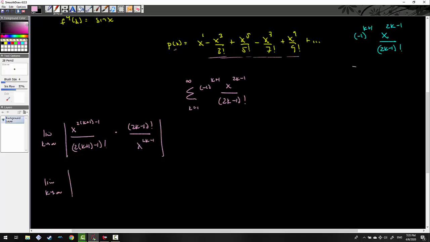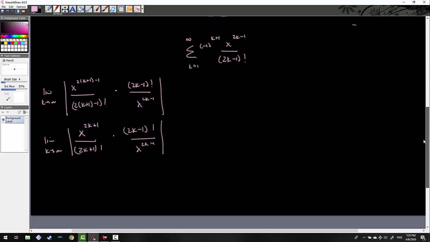It's not totally bad. So this will simplify into x to the 2k plus 1 over 2k plus 1 factorial times 2k minus 1 factorial over x to the 2k minus 1. Oops, not minus 1 down there, but minus 1 up here.